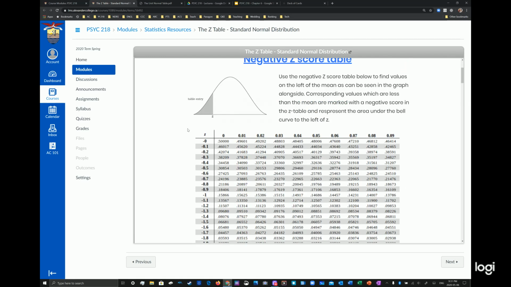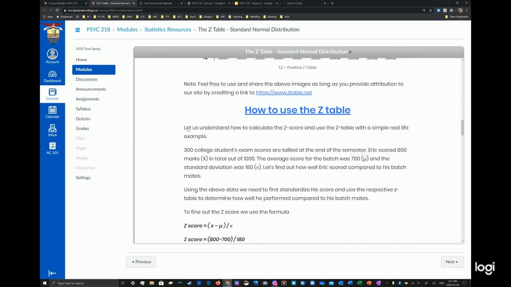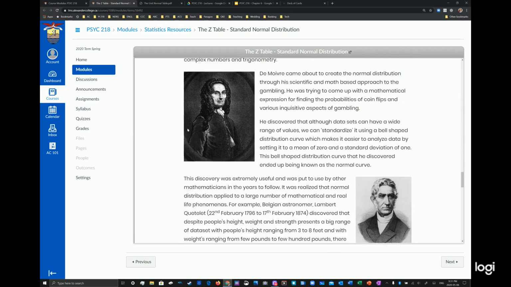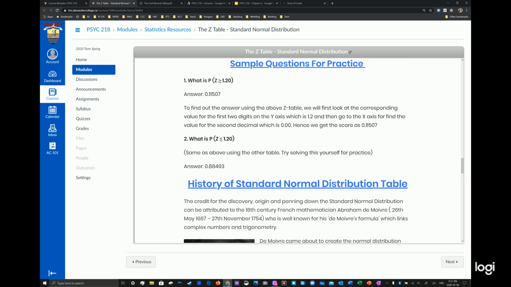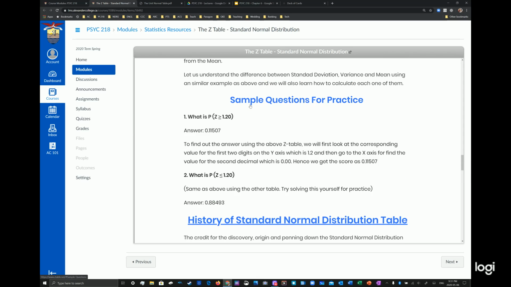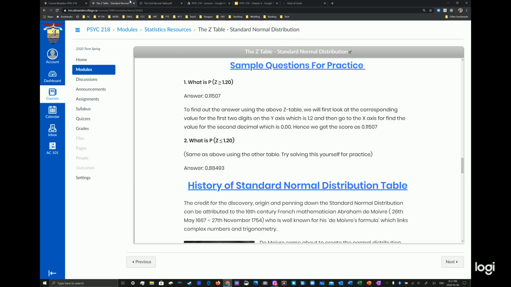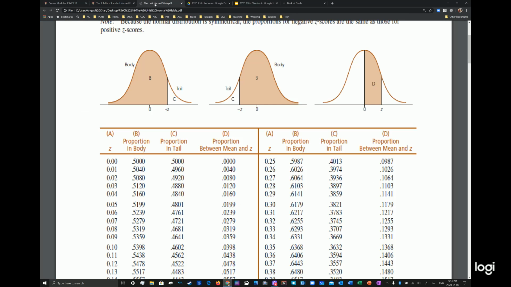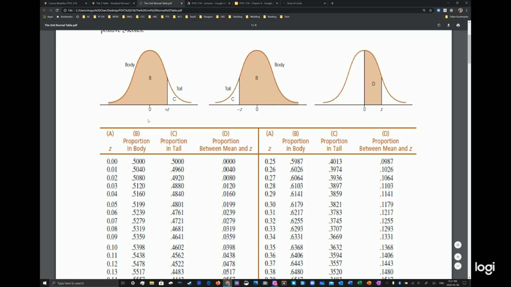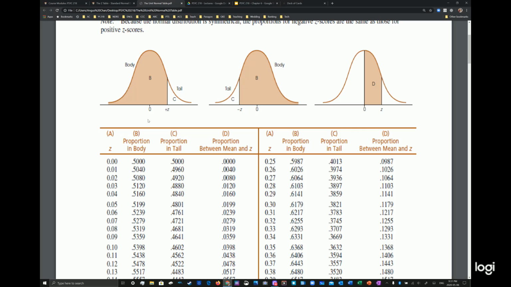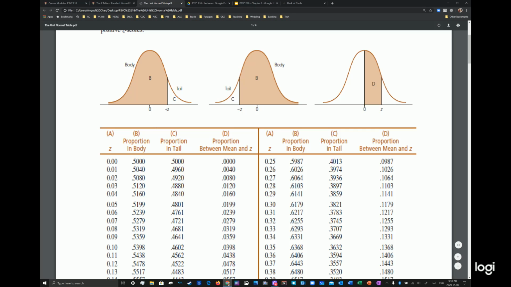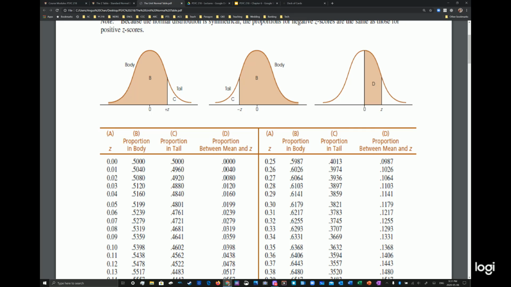The Z table gives you the table in a website format, and then it tells you how to use the table as well as the history for it. It even has sample questions for practice if you want to use it, which is right here. And this is the sheet you probably want in a real classroom. We would print these out and everyone gets one copy. In the online classroom, you can download this for your own use, and you definitely want to download this one.